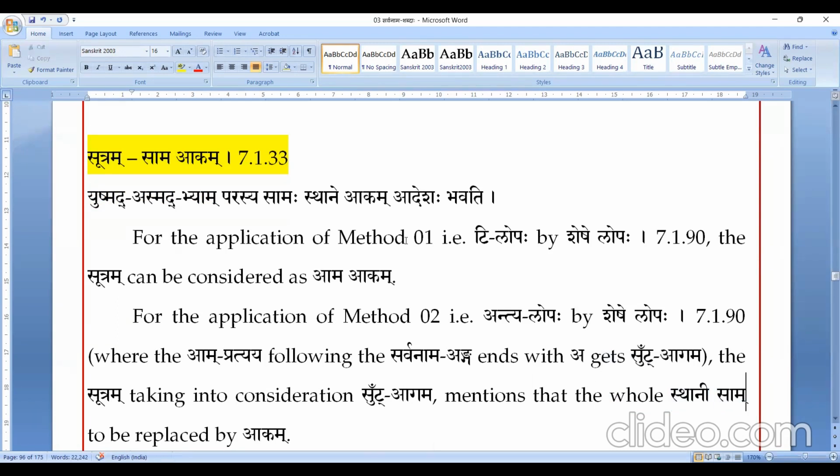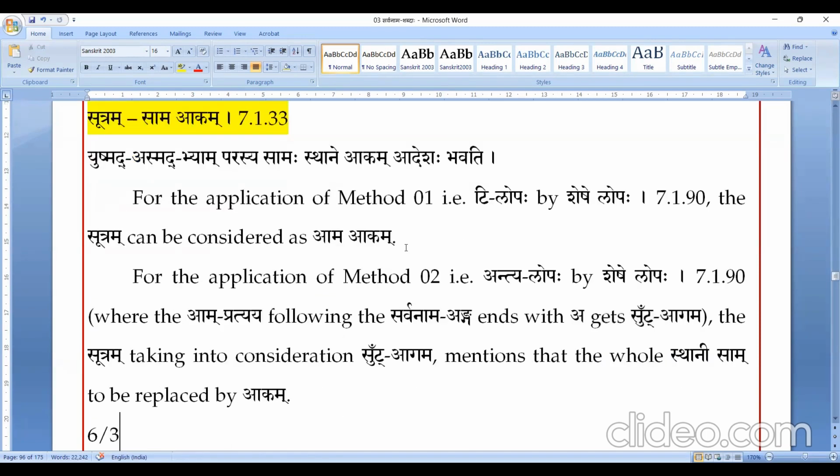Therefore the Sam will be replaced by Akam. So either way you can take Am replaced by Akam or Sam replaced by Akam. Because in the first method, T-Lopa itself happens, and in the second method, Antyalopaha only. So when it is Antyalopaha, because it is ending with Akara, Sarvanamnaha Sut, therefore Suttakama will come. Therefore Sam will be replaced by Akam.